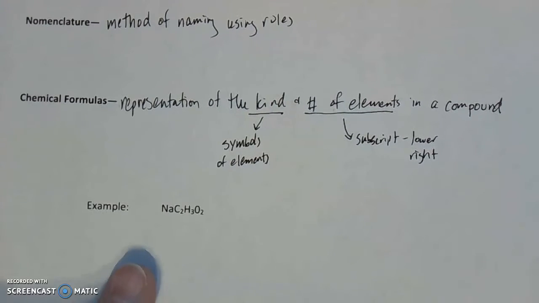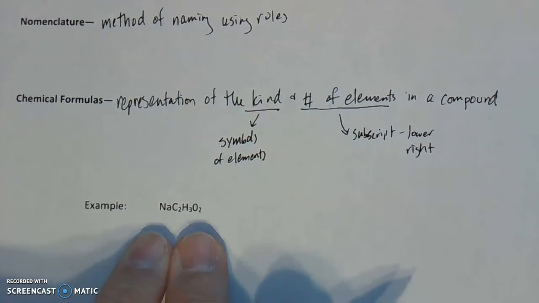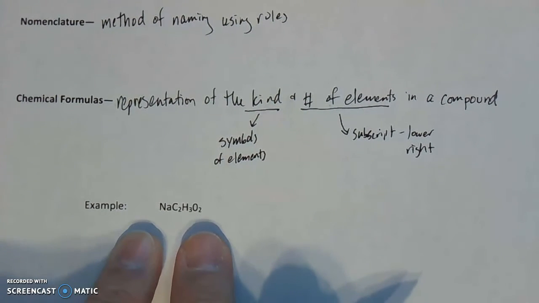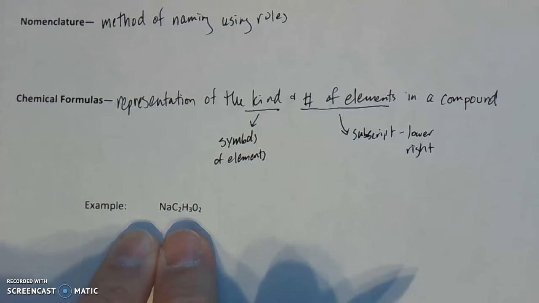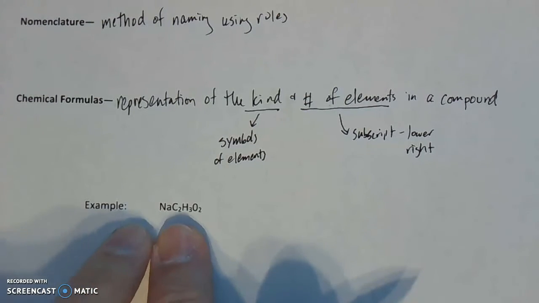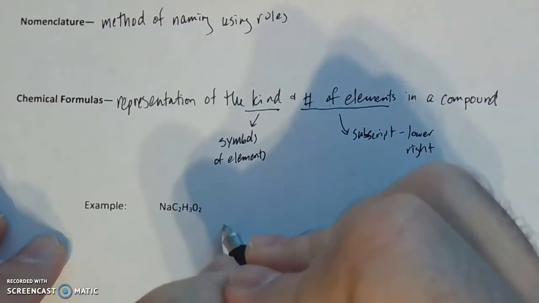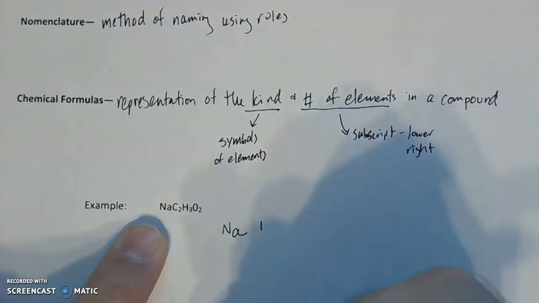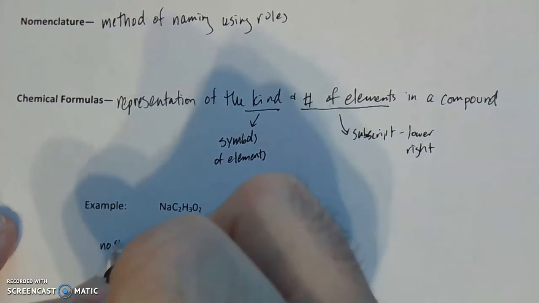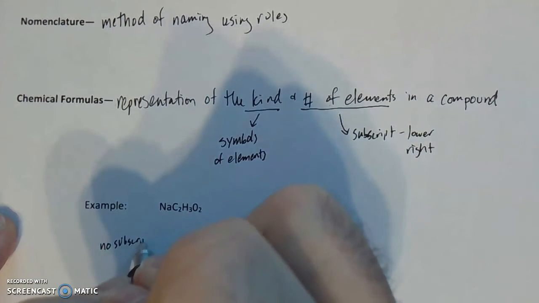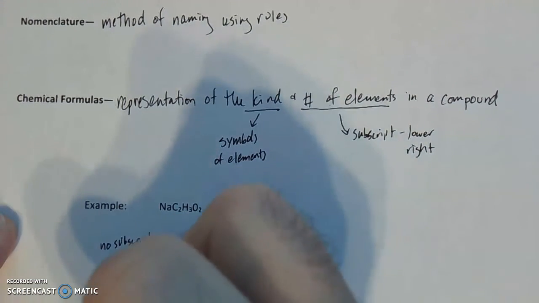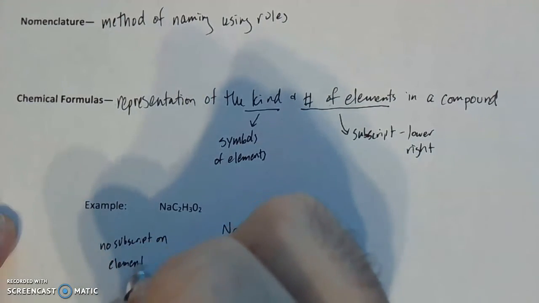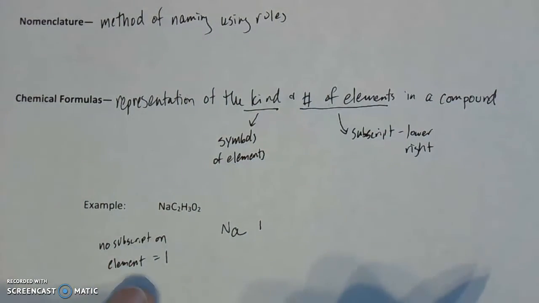So if we look at this substance here, NaC2H3O2, we can give the different elements based on their symbols of sodium, carbon, hydrogen, oxygen, and the number of each. So for Na, no subscript means that we have 1. So no subscript on an element equals 1.